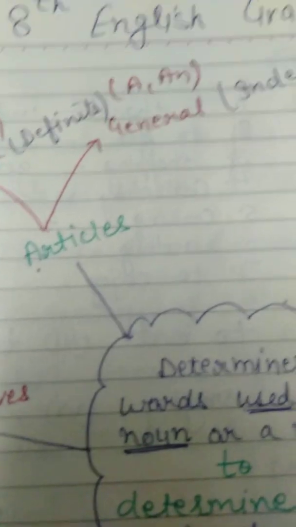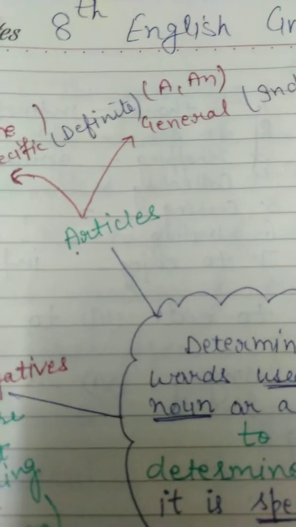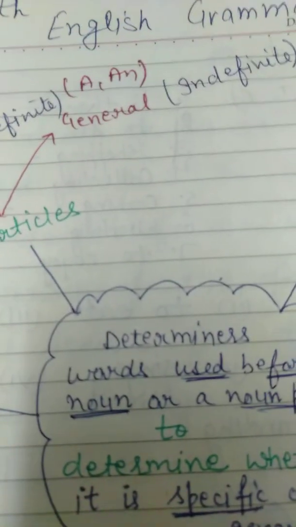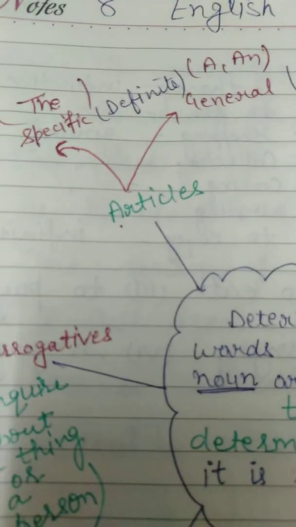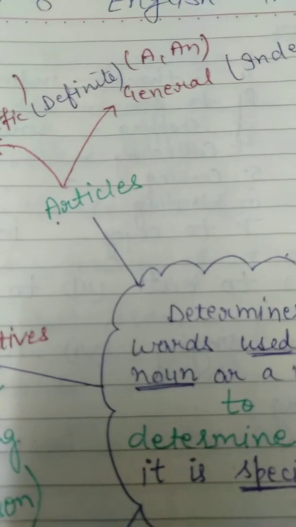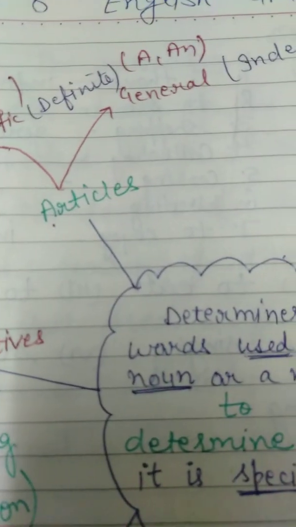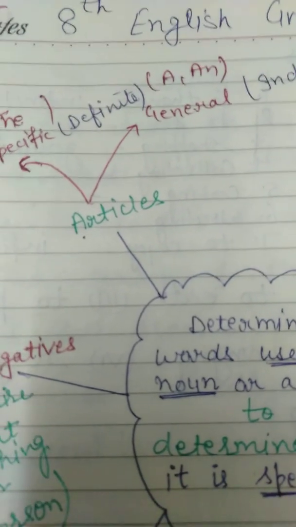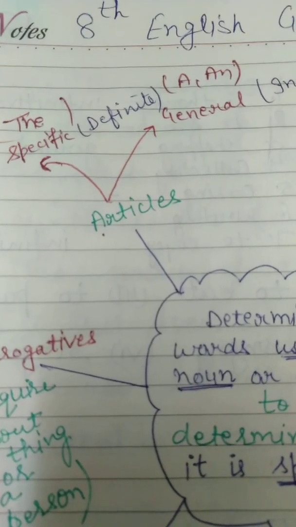First is definite and the other one is indefinite. So under those types, definite the and indefinite a and an, they are called specific and general. Specific article the and general a and an. So later on in next session I will explain you deeply where we use a, an or where we use the.